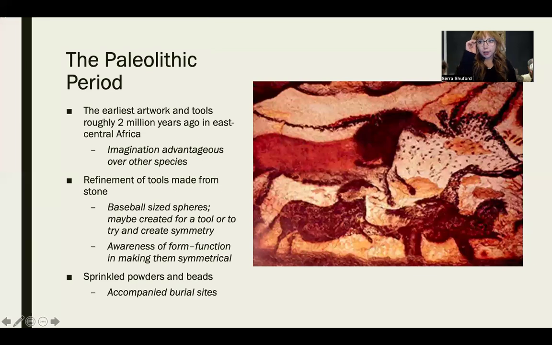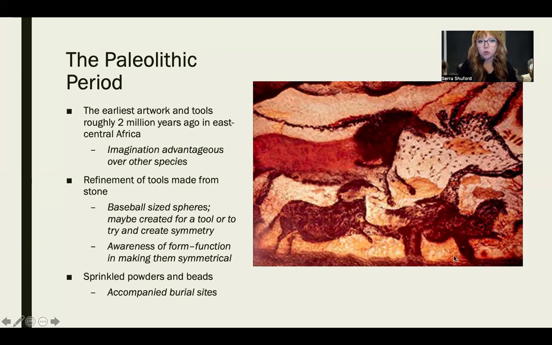So starting at the very, very beginning of our artistic human development, we find the Paleolithic period. This artwork was made roughly 2 million years ago in East Central Africa. And when I say artwork, it's not as developed as the cave paintings that we see here.